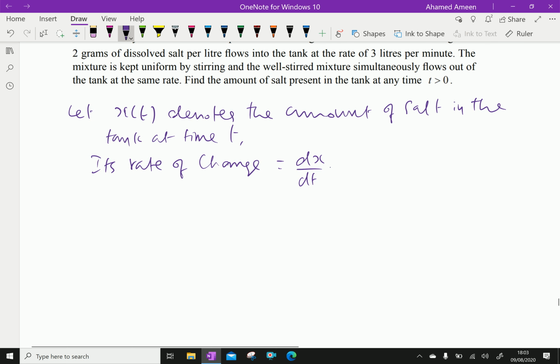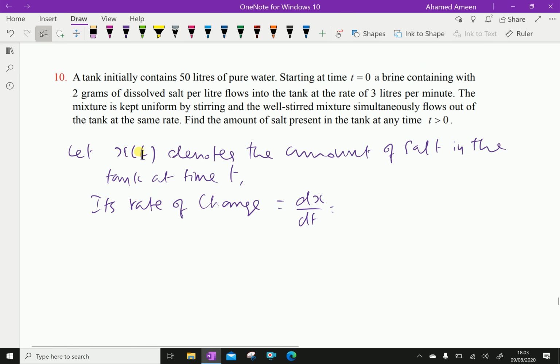Here, a brine containing 2 grams of dissolved salt per liter flows into the tank at the rate of 3 liters per minute. The mixture is kept uniform by stirring, and the stirred mixture simultaneously flows out of the tank at the same rate.